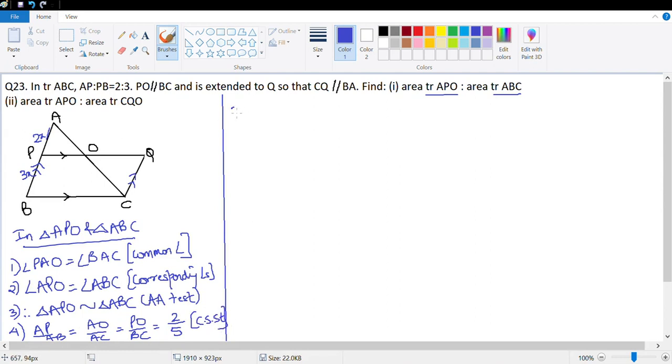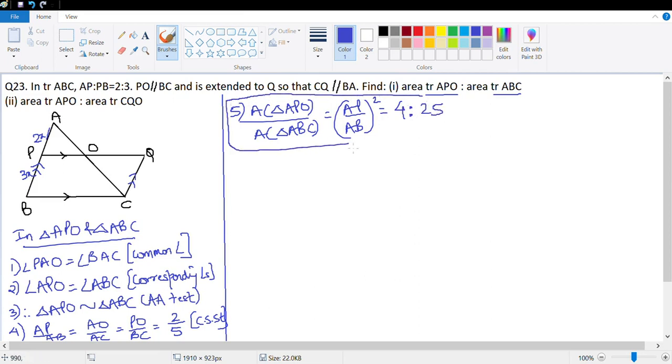And now we need to find the ratio of the areas, which means area of triangle APO upon area of triangle ABC would be equal to AP upon AB whole square. In this case, 2 square, which is 4, and 5 square, that's 25. So the first part of the question is done. The answer is 4:25. Good.